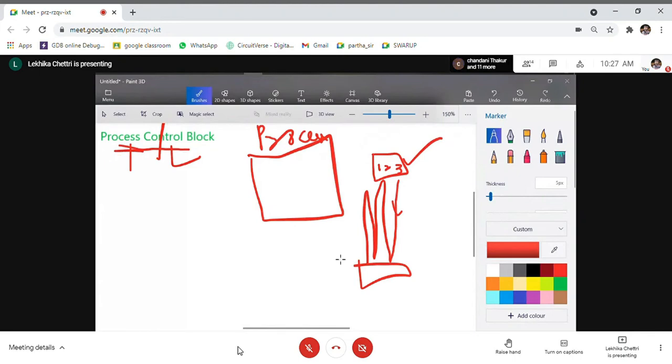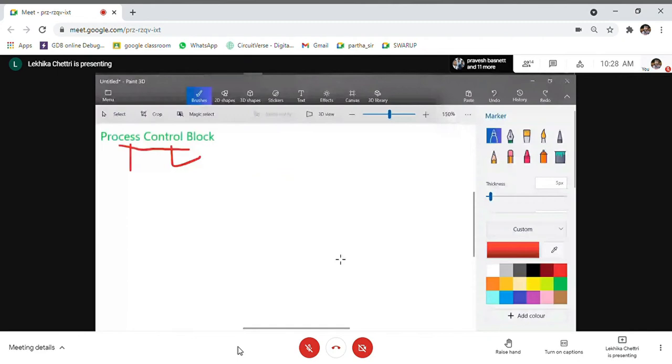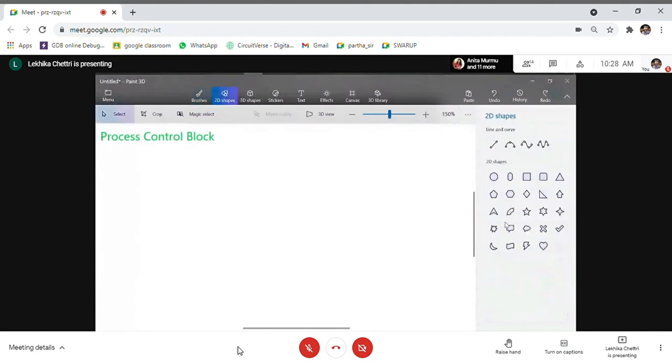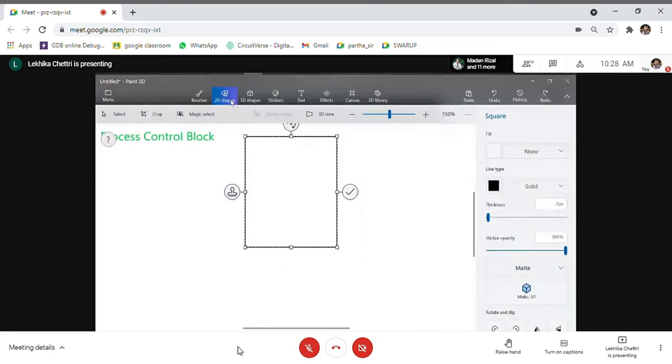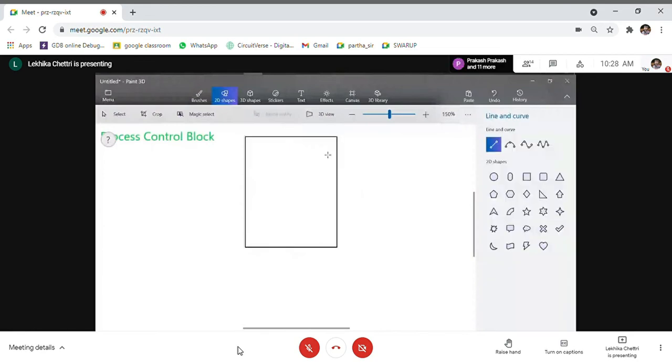What we are going to study next is the various components of this PCB. As I already mentioned, it is a stack. At the top of the stack, I have something.